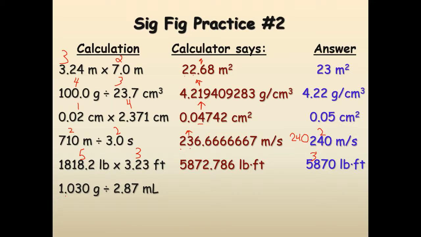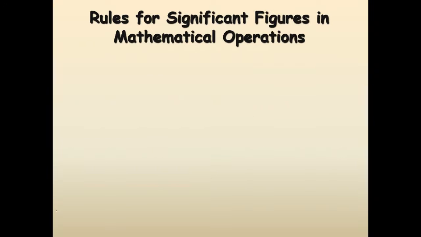Next, 1.030 has 4. 2.87 has 3. Do the regular math. We only need 3 sig figs, so 2.956. That makes that round up. So 2.96. That was multiplying and dividing.